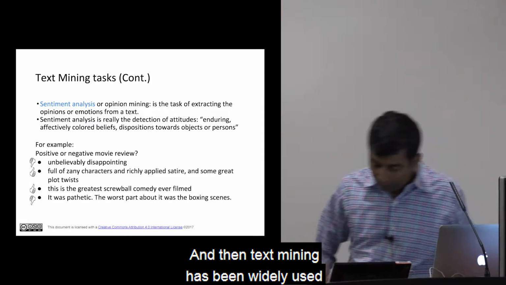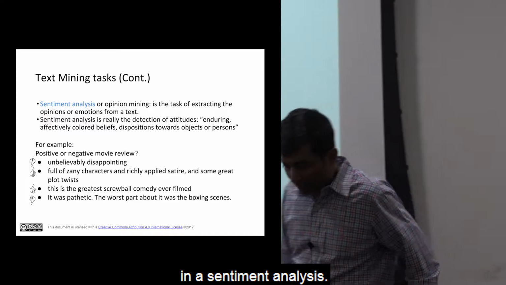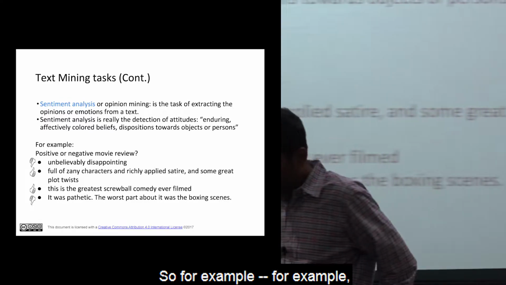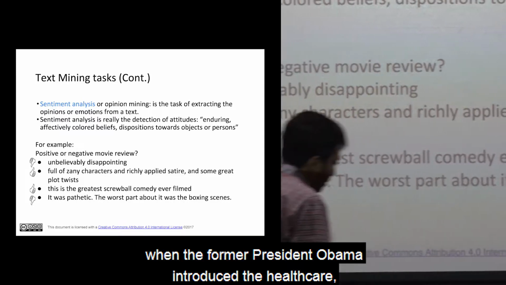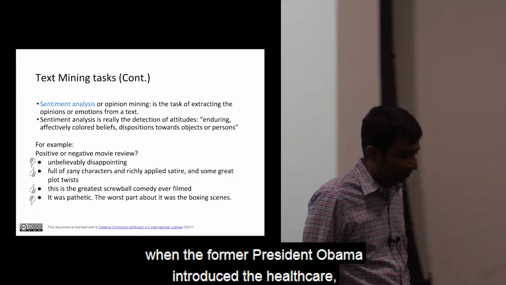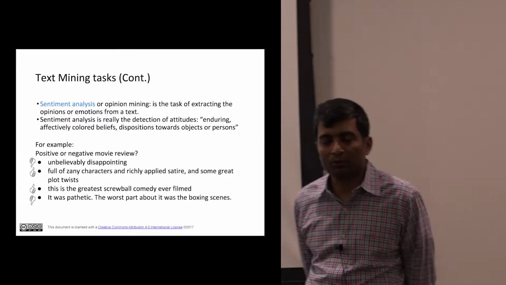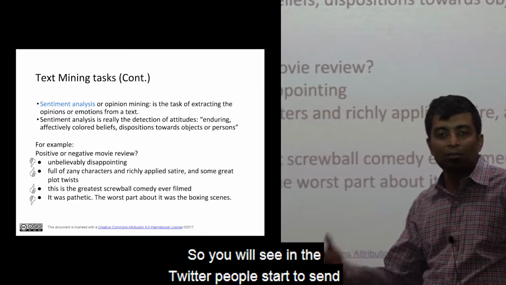Then text mining has been widely used in sentiment analysis. Say, for example, when former President Obama introduced the healthcare, at that time it was known as Obamacare. Many people liked it, and some people disliked it also.